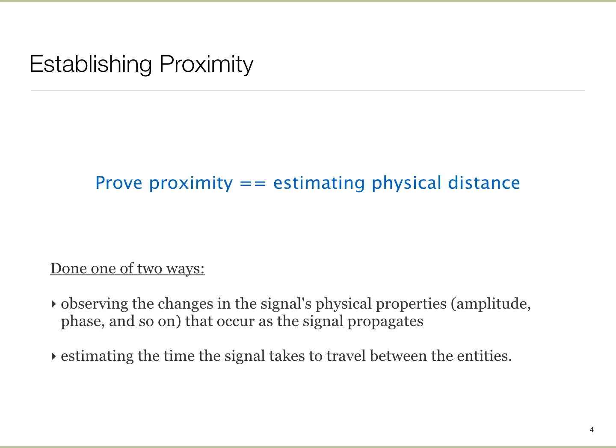So estimating time of flight, or something time related. The challenge here is that we are trying to prove things over small distances, and over small distances the time of flight, if you are using electromagnetic signals at 3 times 10 to the power 8 meters per second, is going to be pretty short. In a room-sized space, you have a few nanoseconds to work with at best.